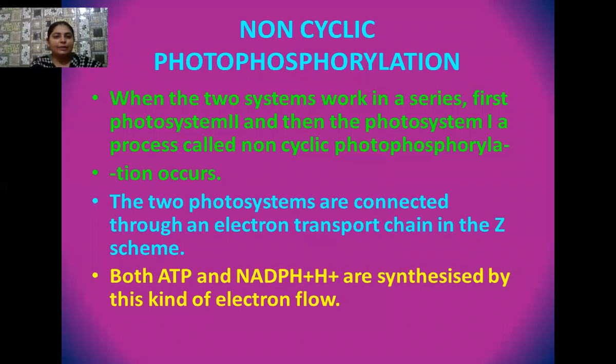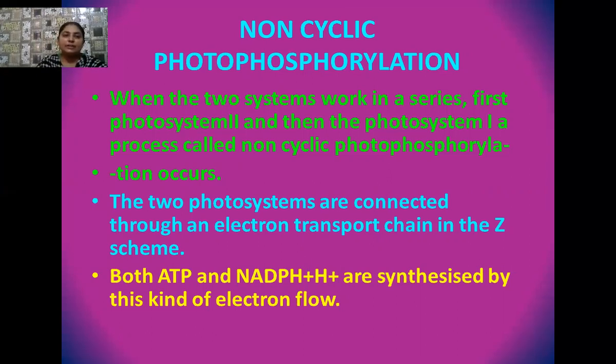Yes, students, I have already discussed this process, non-cyclic photophosphorylation. As I have told you, non-cyclic photophosphorylation always takes place inside the membrane of the thylakoid, or in other words, inside the membrane of the grana. So two photosystems are present, P680 and P700. P680 receives electrons from the reaction, that is photolysis of water.